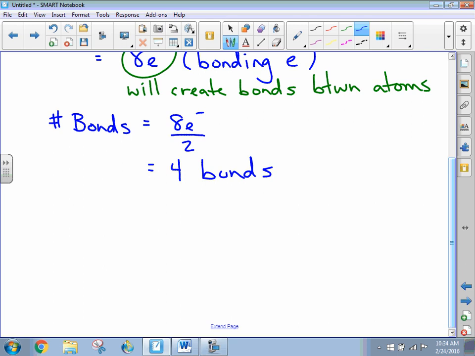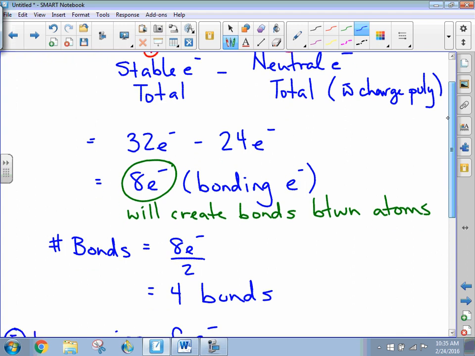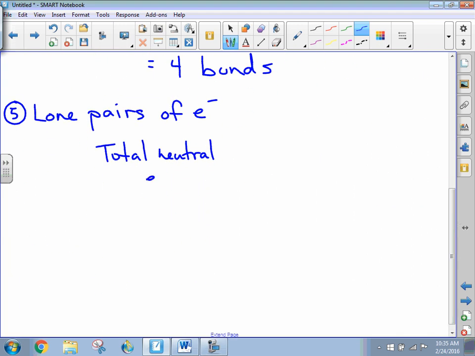The last thing you need to consider is, what about all the other electrons? Those are going to be in lone pairs. You find your total number of electrons in lone pairs by taking your total neutral electrons minus your bonding electrons.